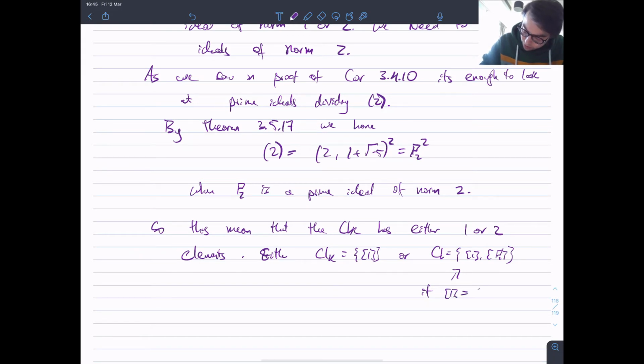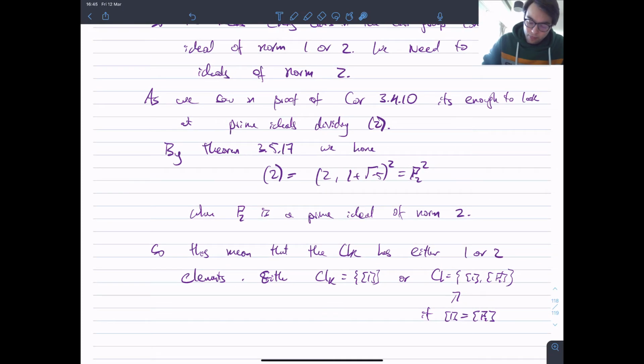We don't know at the moment if the classes of these ideals are the same. This is a prime ideal of norm 2. I know that this ideal isn't the trivial ideal because it's a prime ideal. That's fine. But what I don't know is whether in the class group it gives me a non-trivial class. Like, for all I know, I could take this ideal by 2.